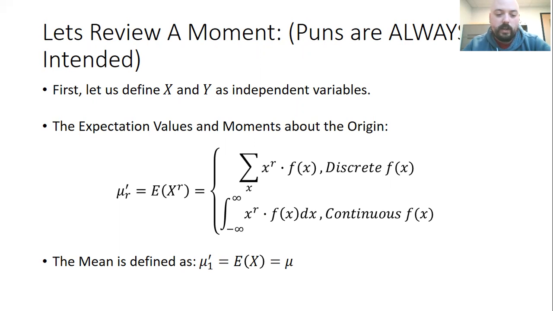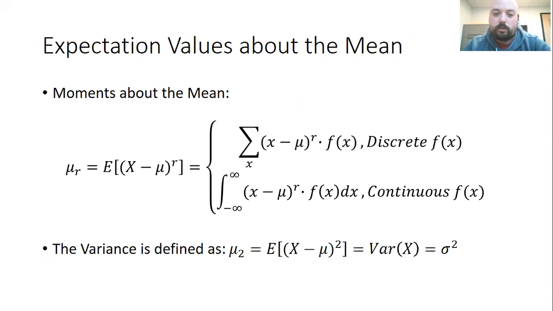The mean itself is defined as the first moment about the origin, or the expectation value of x, which we simply call mu. And usually this is of the population distribution itself.